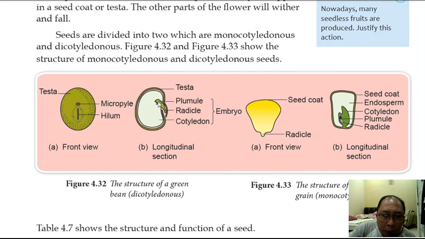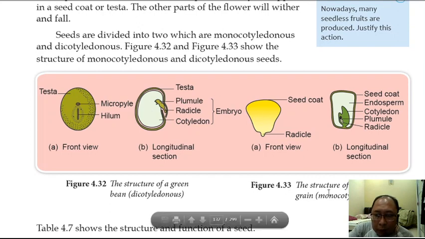We have the plumule and also the radicle: the radicle at the bottom part, the plumule at the upper part. This is the main structure in the seed. This is the cotyledon for the food supply for the growth of the embryo. We also call this the embryo, same as what we discussed in the human reproductive system.